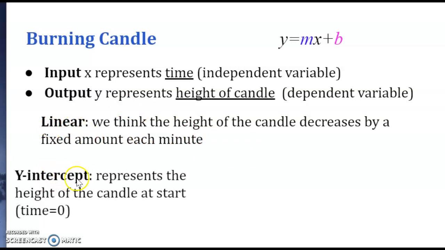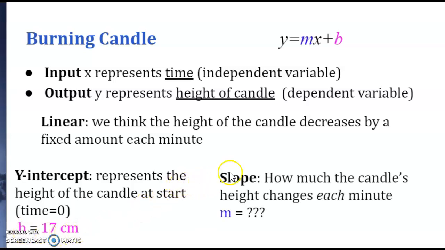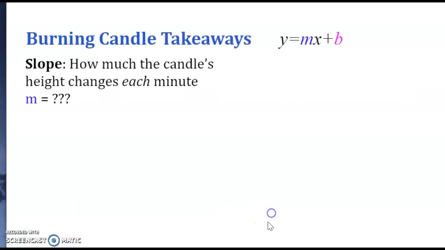So y-intercept represents the height of the candle at start, which is when time is equal to 0, which was that b was 17 centimeters. What about slope? The slope represents how much the candle height changes each minute. So m is, well, we don't know. That's what we need to figure out. So how are we going to figure that out?